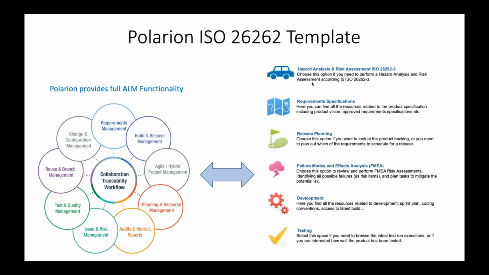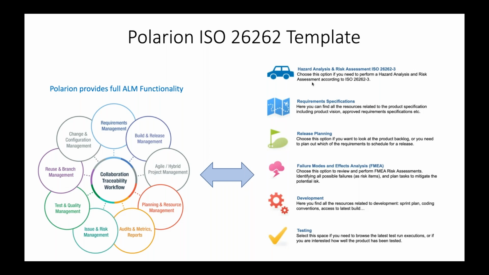It provides multiple functions which are important to go through the project, define the requirements, manage the development process, and then manage the change process after the product is released to the market. You can see on the left side this nice flower of all the functions which Polarion provides. I will not go through all of them.